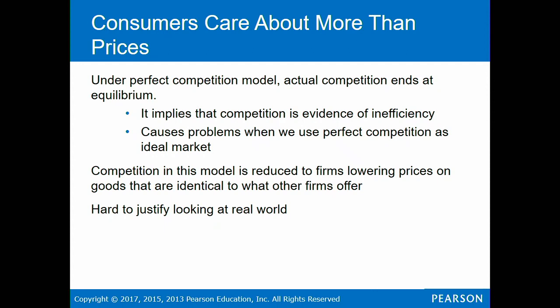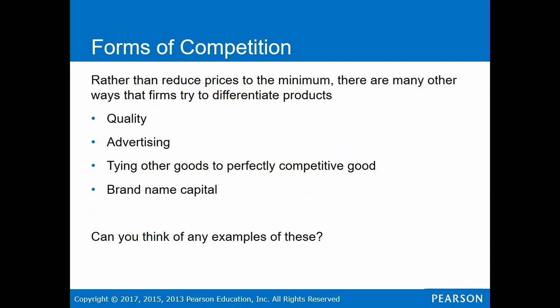It's hard to justify this model of competition when you're looking at the real world, because we constantly see firms coming up with new products, coming up with cheaper ways to make products, to better meet consumer needs than they were able to in the past. Just completely gone when we're looking at perfect competition.